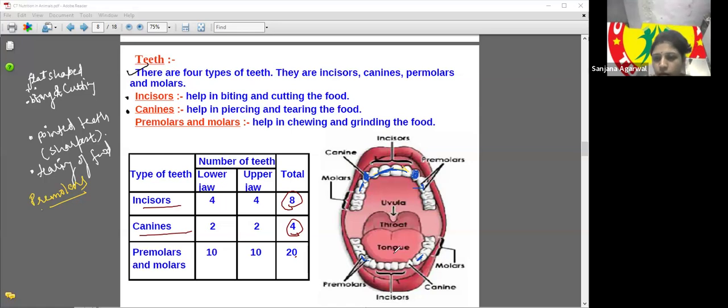Continue. Premolars, first point: these are usually teeth with cusps.